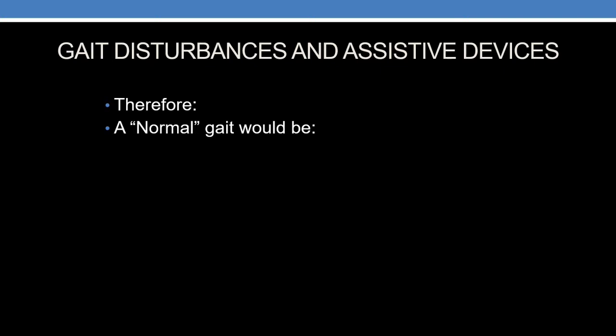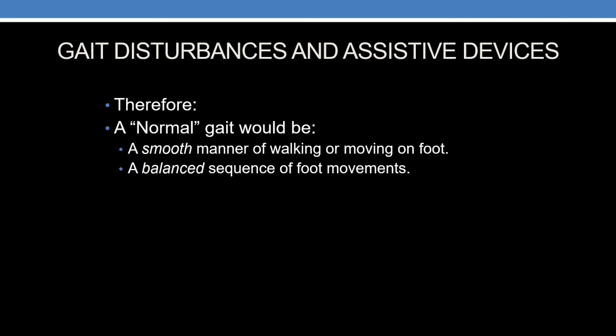Okay, so now that we know what gait is, let's define what a normal gait would therefore be considered. A normal gait would be a smooth manner of walking or moving on foot. A smooth manner. Sometimes when you watch people walk, there's some interruption in the smoothness of the manner.